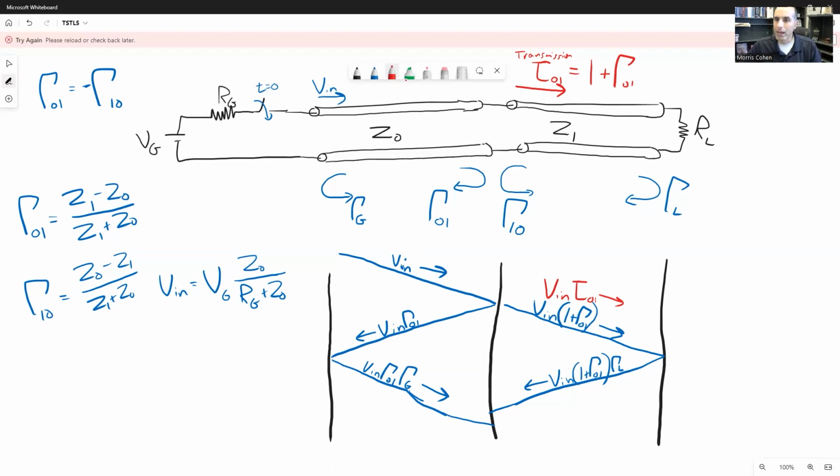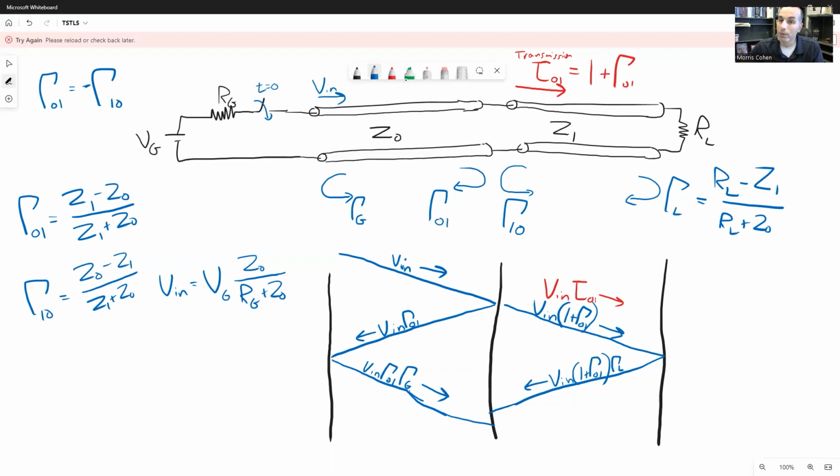And gamma L, by the way, just to be clear, is the same as we would have defined it before. It's the load resistance minus the impedance of the line that is leading up to that load, so that's RL minus Z1 divided by RL plus Z1. Notice that the value of Z0 has nothing to do with the reflection coefficient at the load, because line 0 and the load are physically separated from each other, so the wave never interacts with those two at the same time.